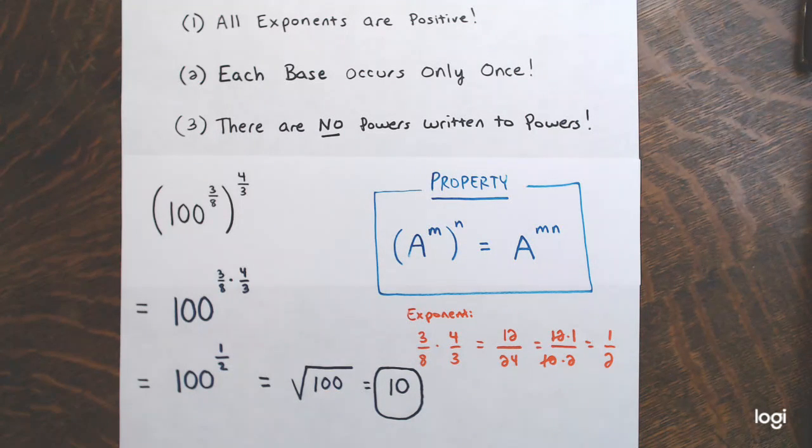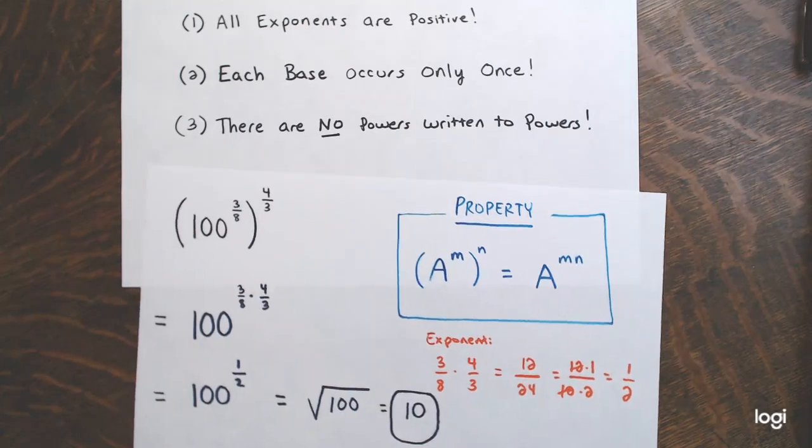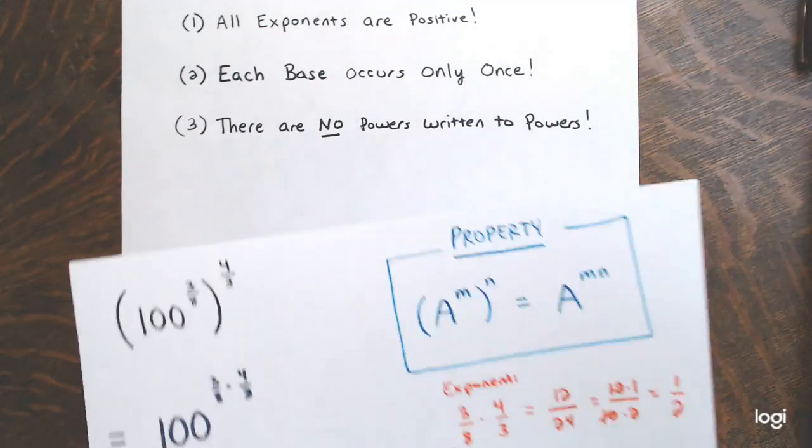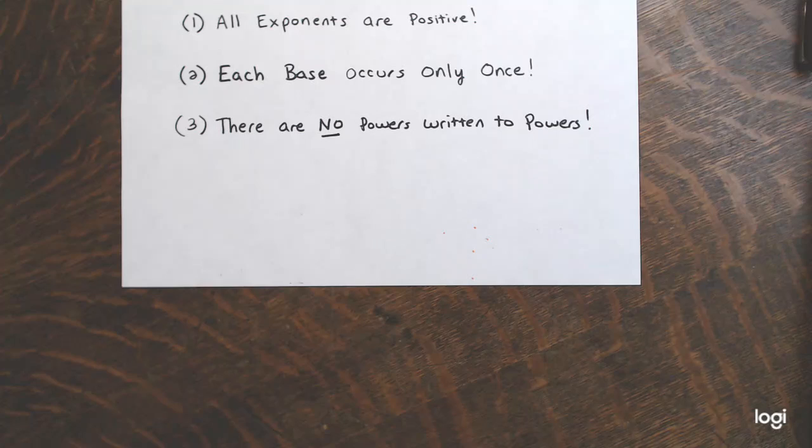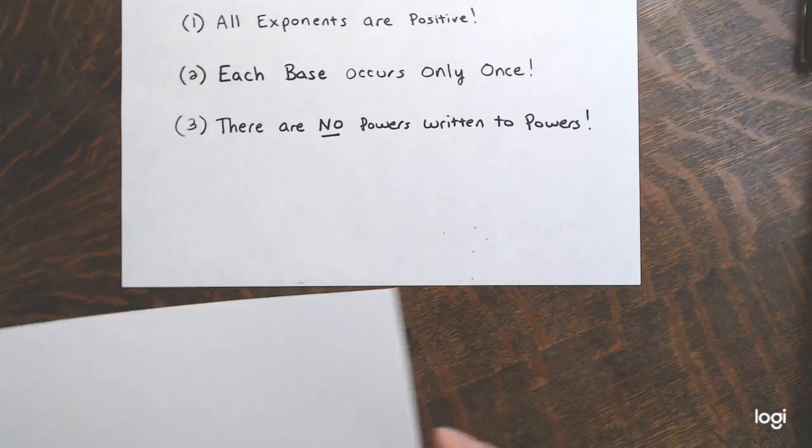All right. Now my next example actually brings a couple properties into play. We've already seen one of them, the power to a power one that I just had here. But there's another property also to be demonstrated.